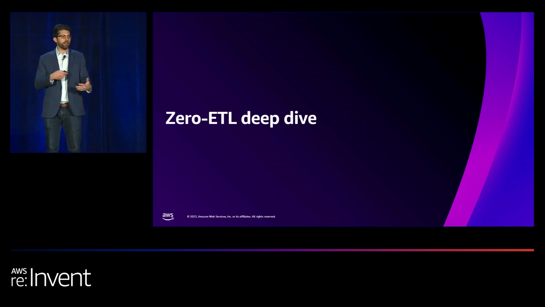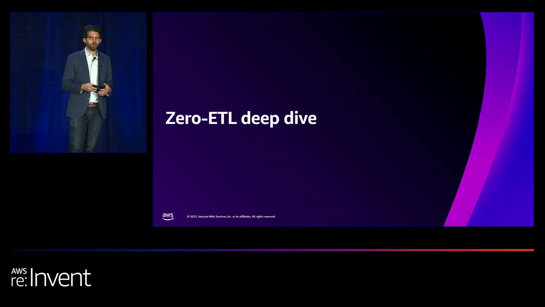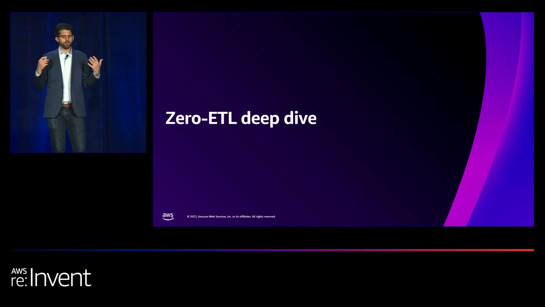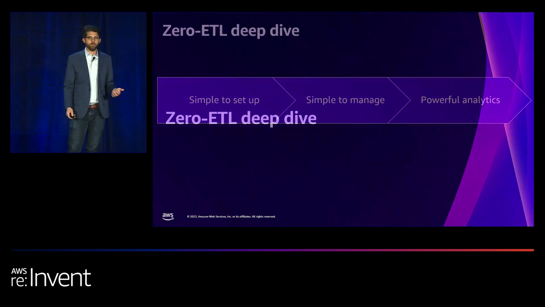What are the challenges that are specific to Aurora Postgres? And then, I've got a few demos to show in terms of the setup experience, near real-time replication, lag, and then also, what can you do with the data once it's over on Redshift?